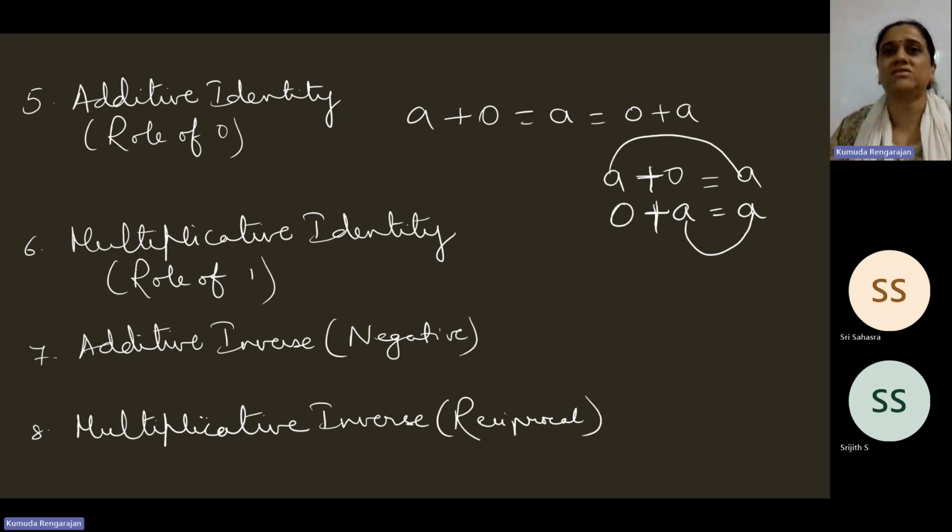When you're getting the same answer. On adding, when will you get the same answer as a rational number? When you add 0. When you add 0 to a rational number, you get the rational number itself as the answer, right? That's why we say additive identity.